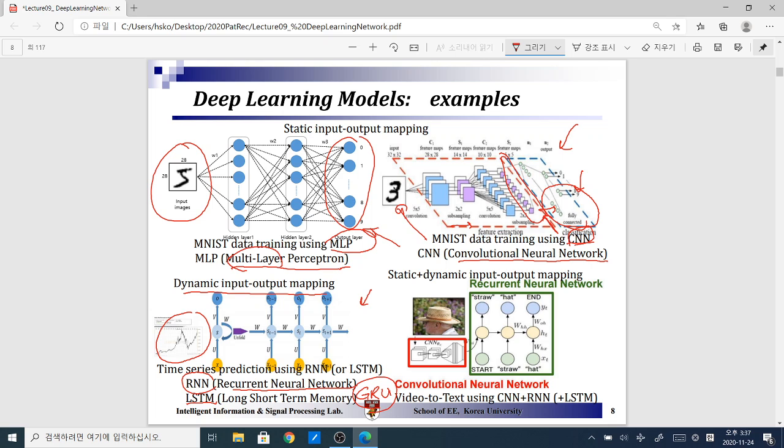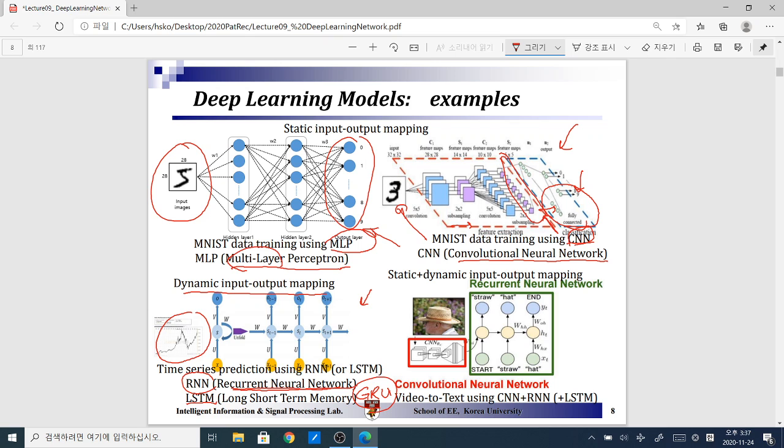For example, in "I go to school," I is the subject, go is the verb, and school is the object, in sequence. That type of linguistic process, which takes representations over time, could be mapped by this recurrent neural network type of structure. This is something that I also want to talk about as part of the lecture.